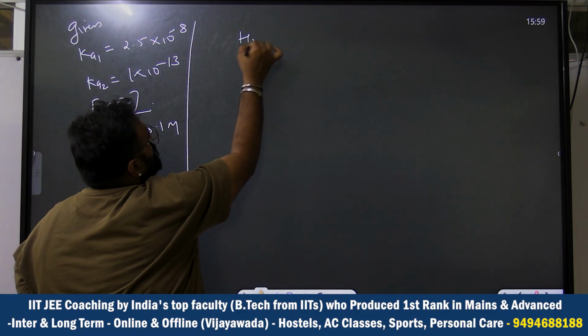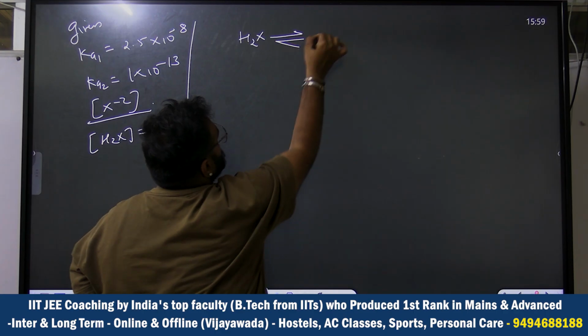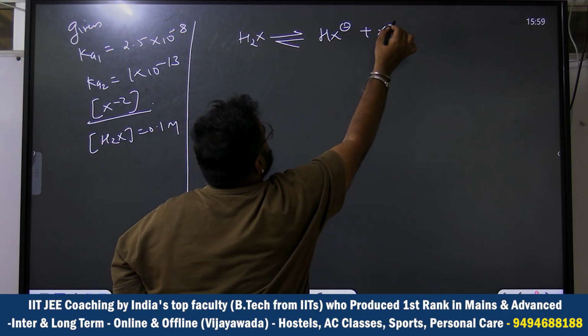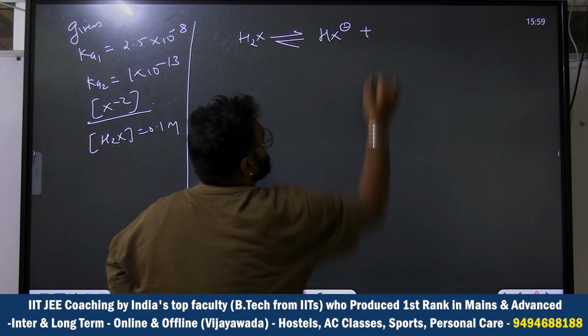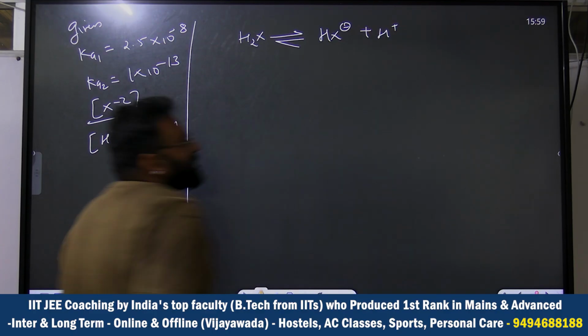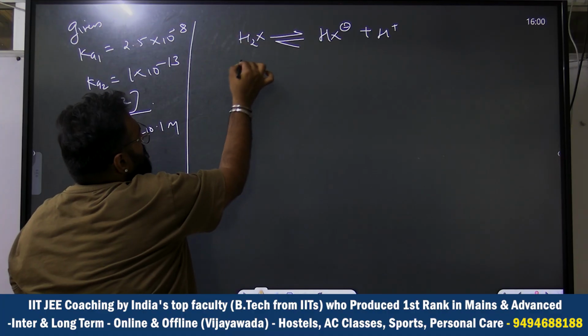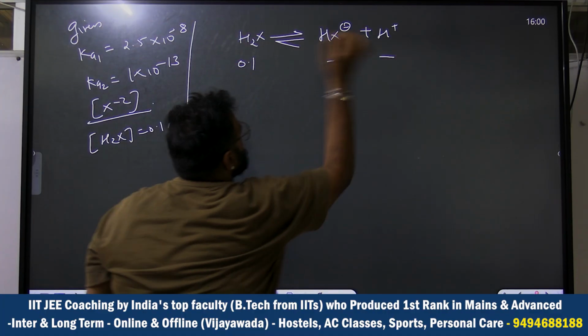So H2X gives HX minus plus H plus. This will be our equation. Solving this equation, initially it is given 0.1.